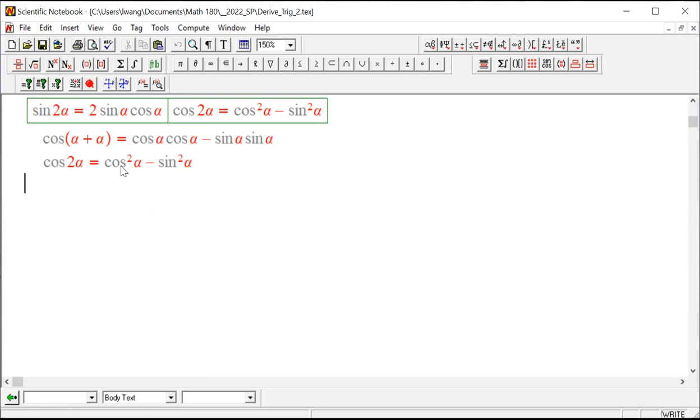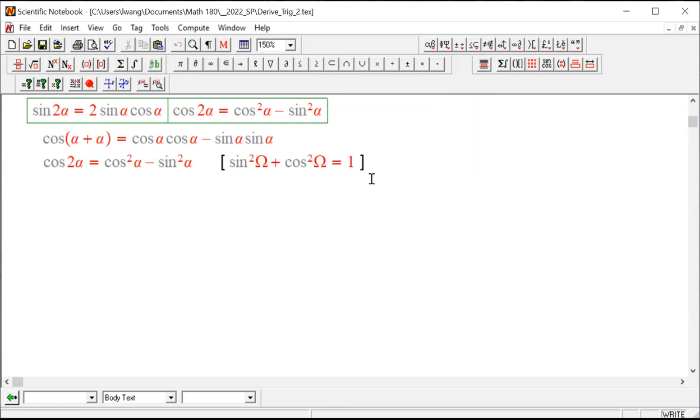The next one, we know the following fact. Sine squared of anything plus cosine squared of the same thing equals 1.